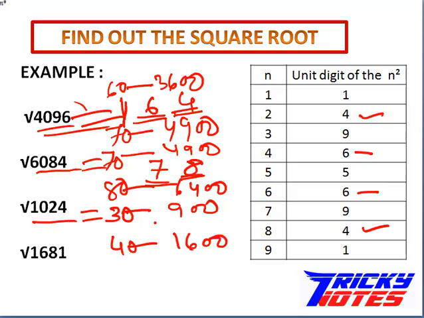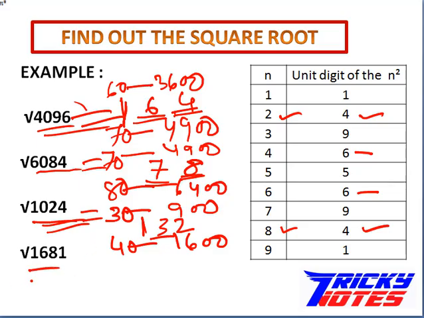So this number is between these two, and the first digit is 3. Now how will I find the second digit? Again the unit digit is 4, so it can be 2 or 8. How will I know which is nearer? This is nearly 600 difference, and this is only 124 difference. So this number is 32. The square of 32 is 1024.